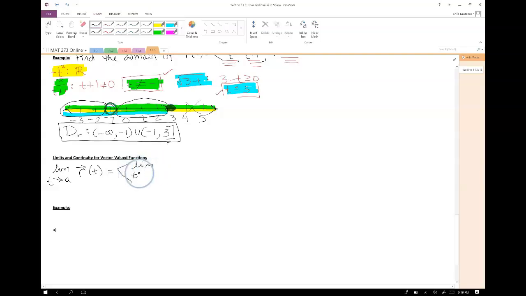So the limit as t approaches a for the x component, and then the limit as t approaches a for the y component, and the limit as t approaches a for our z component. So it's really just 3 problems in one.